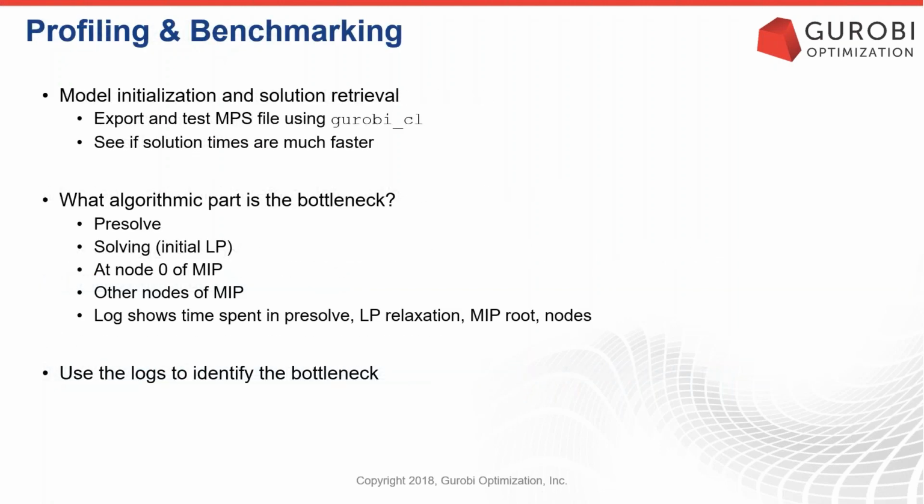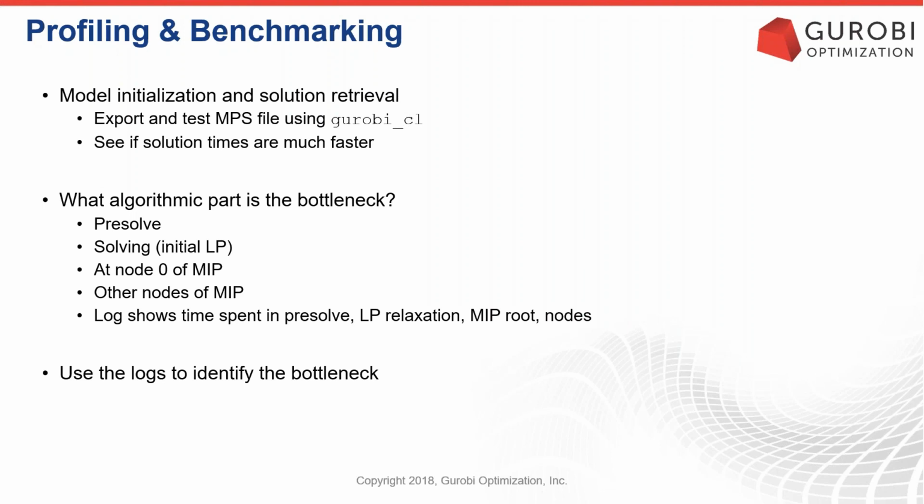So if you do profiling, if you measure runtimes, you can do this, of course, as part of your application. But if you want to find out what is really the performance that is taken during the solve, without the application, it's always a good idea to use the model generator and to export a model file.